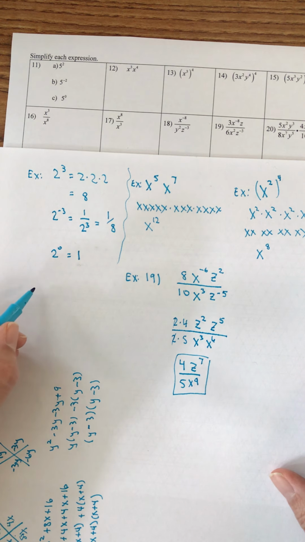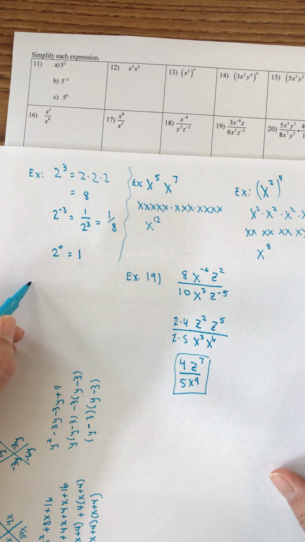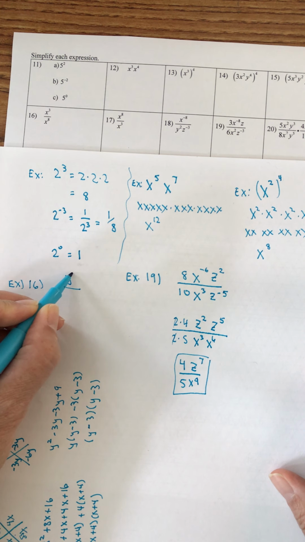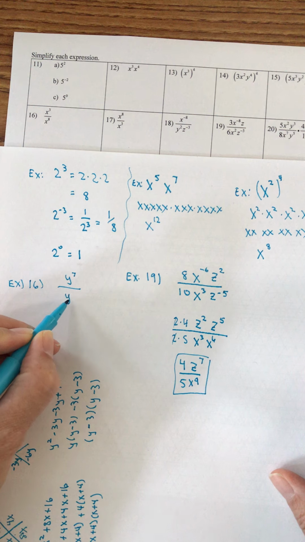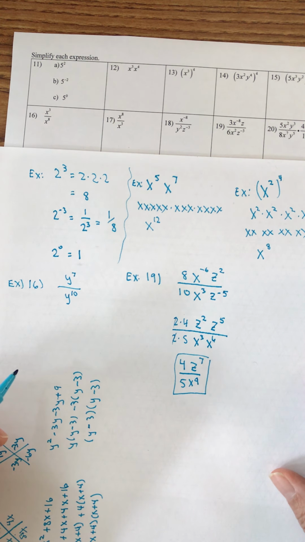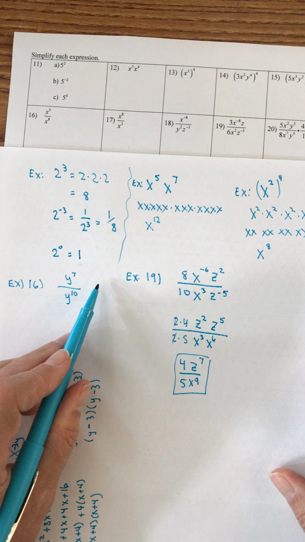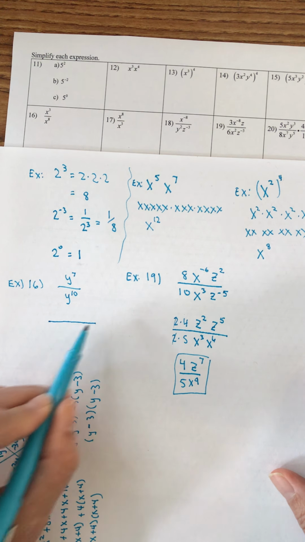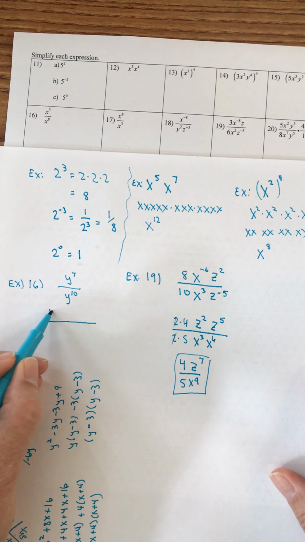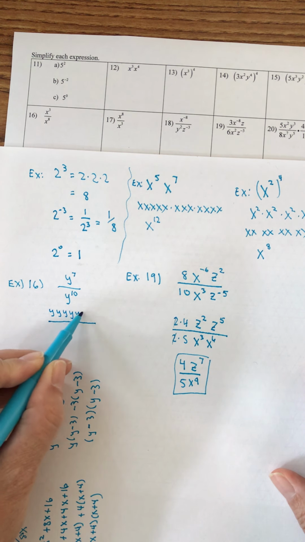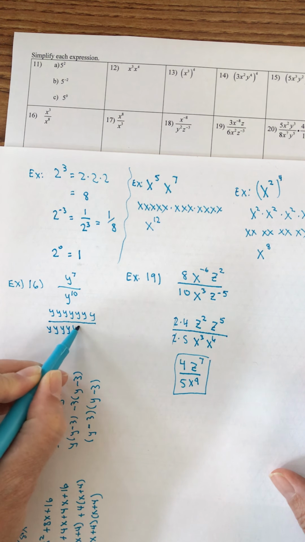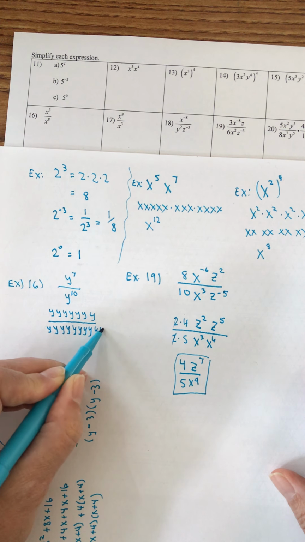Remember, if you were having any trouble on one like 16, say you had y to the 7th over y to the 10th, you could draw out 7 factors of y and 10 factors of y, and you would get 1, 2, 3, 4, 5, 6, 7 on top and 1, 2, 3, 4, 5, 6, 7, 8, 9, 10 on the bottom.